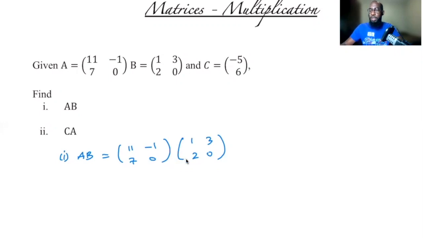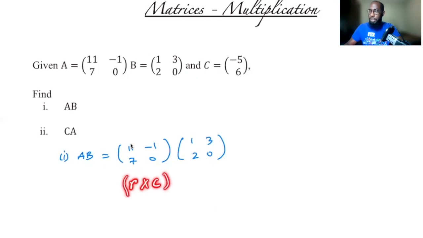Now we have to determine what is the size of the matrix. All right, what is the size of the matrix? Size of the matrix is like row by column. All right, so there are 2 rows and there are also 2 columns on the matrix A. So since there are 2 rows and 2 columns, this matrix will be a 2 by 2, because you have to say row first times column after.